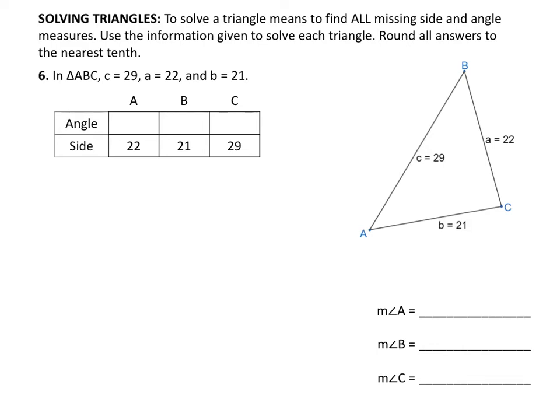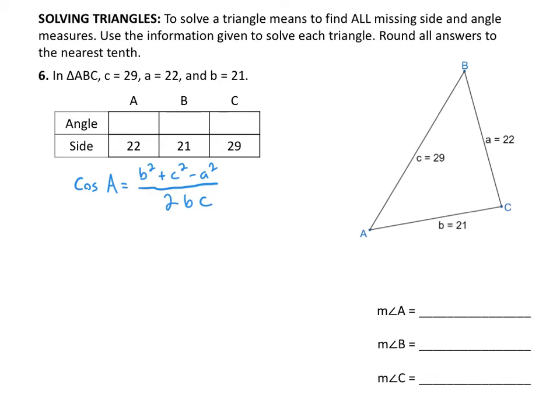Because we can solve for any angle first, we can solve for A, B, or C. It really doesn't matter. I kind of like the alphabet, so let's start with A. To solve for angle A, I'm going to use the alternative form of the law of cosines. The cosine of A equals b squared plus c squared minus a squared over 2bc. When I substitute into this formula, I'm going to move cosine to the other side and make it arc cosine.